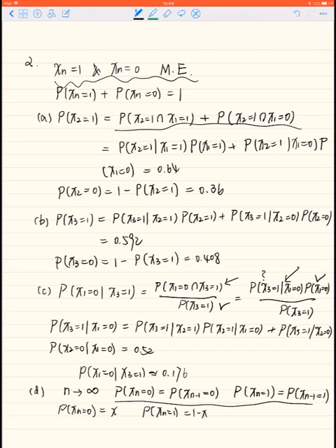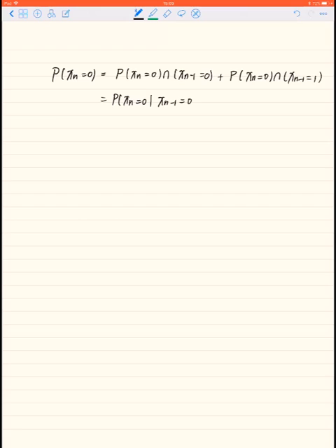Now we can construct the equation that the probability that Xn equals 1 should be the probability that Xn equals 1 intersected with Xn minus 1 equals 0, plus the probability that Xn equals 1 intersected with Xn minus 1 equals 1. Using the conditional probability equation again, that should be the probability that Xn equals 1 given Xn minus 1 equals 0, times the probability that Xn minus 1 equals 0, plus the probability that Xn equals 1 given Xn minus 1 equals 1, times the probability that Xn minus 1 equals 1.